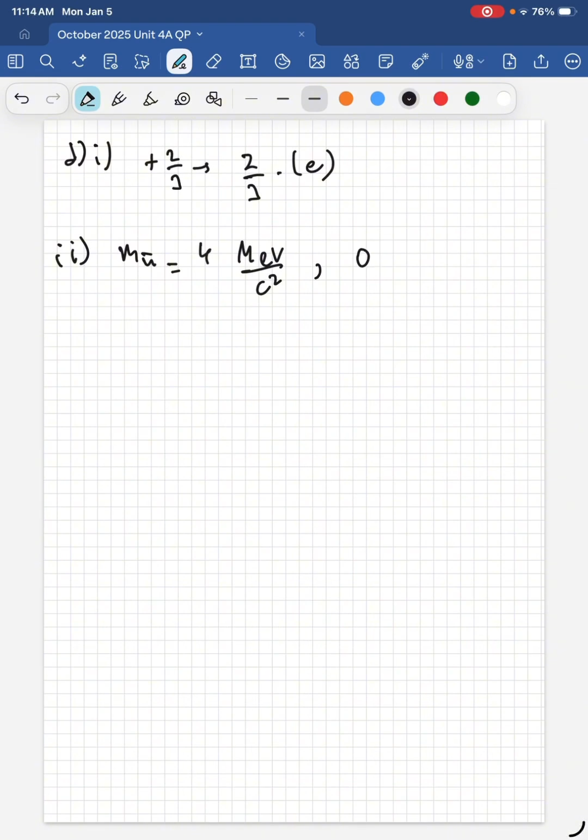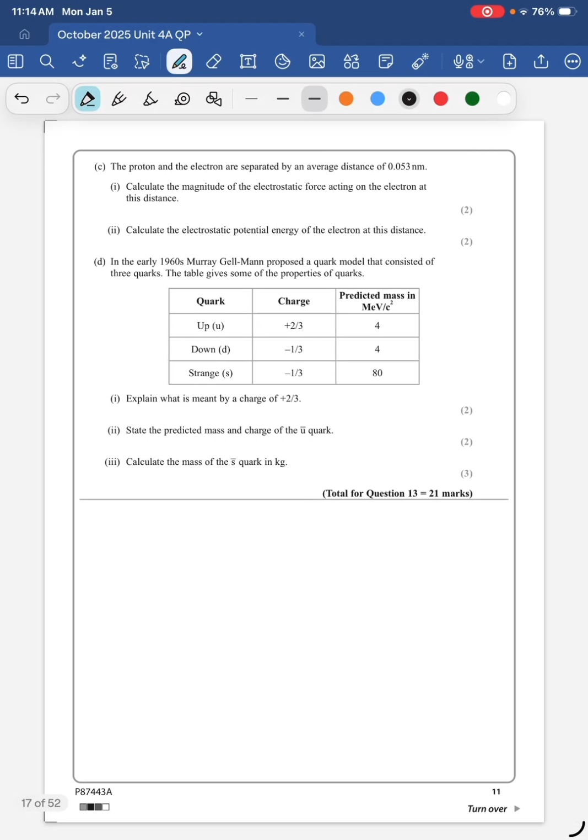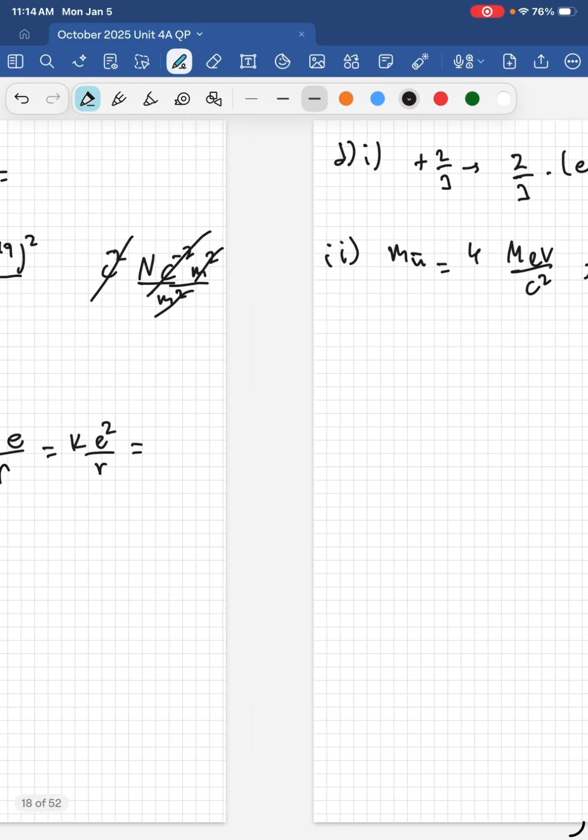And the charge is going to be minus 2/3 e, the opposite.